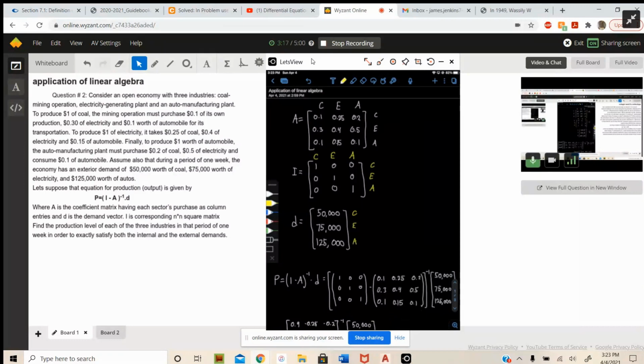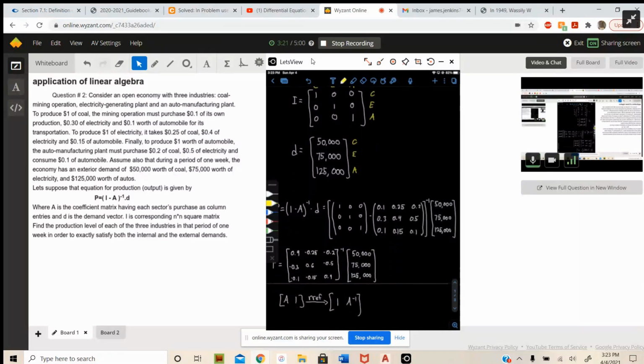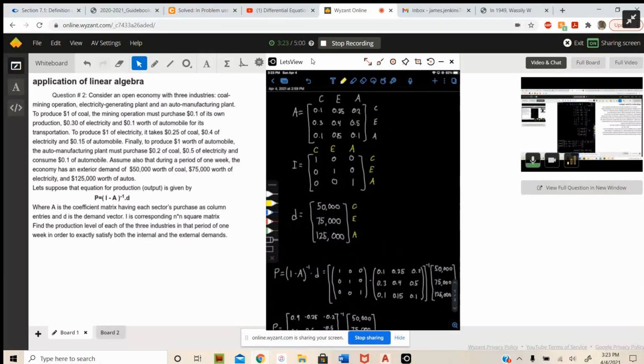Now, since we have identified every variable, let's plug it into the equation. P equals the quantity (I minus A) inverse times D. So we have the identity matrix here, then the coefficient matrix A here, then those inverted, and then multiplied by the demand matrix.